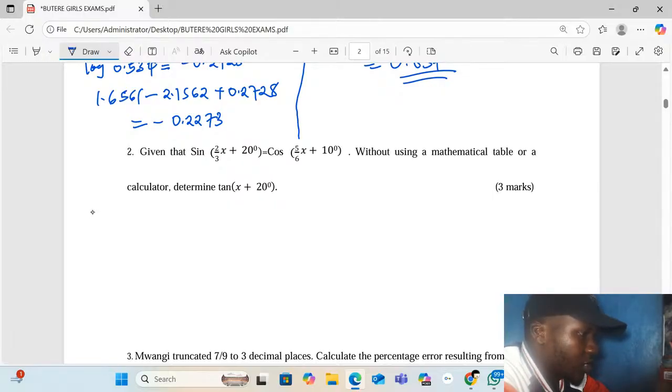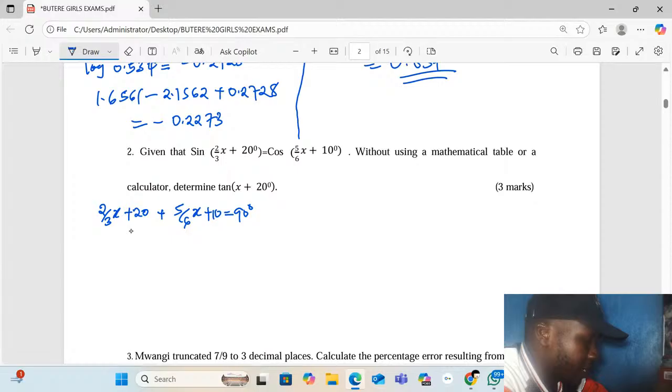Since sine of 2/3 x plus 20 equals cos of 5/6 x plus 10, the two angles add up to 90 degrees.